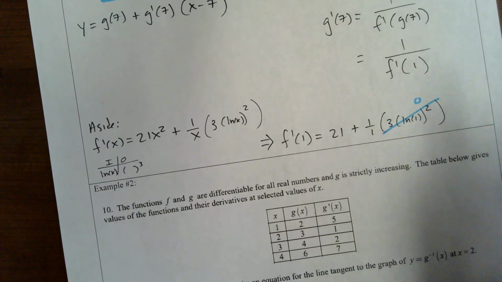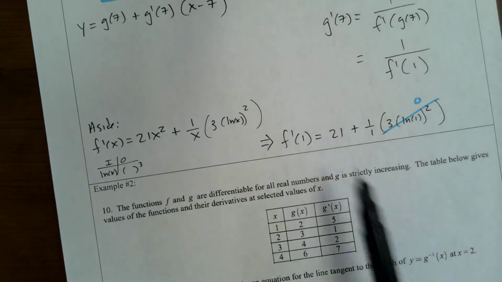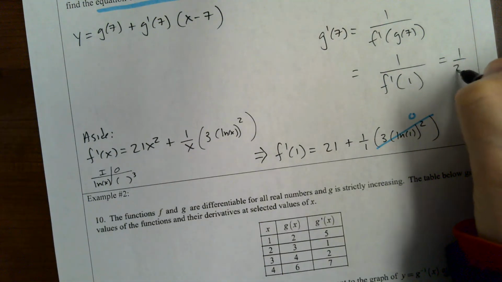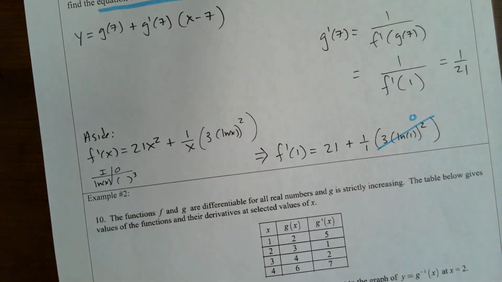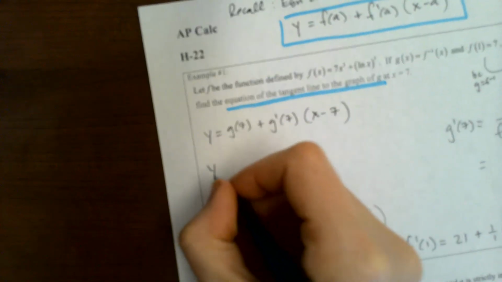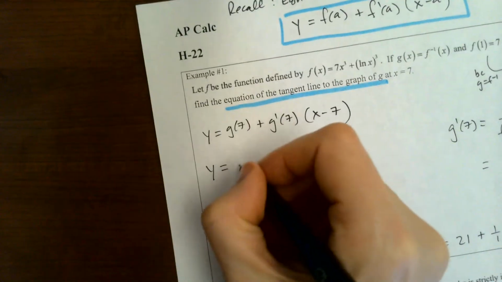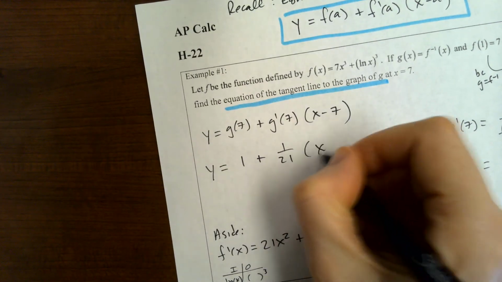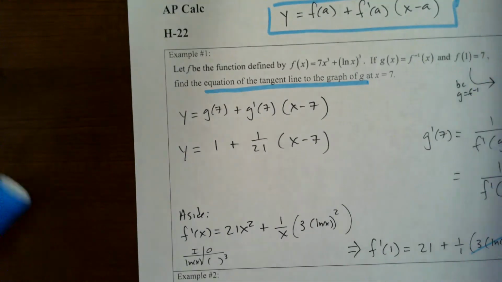All right, that whole thing is 0. So it's just 21. All right, so this is 1 over 21. So now I go back to here, so y is equal to g of 7 is 1 plus 1 over 21 times x minus 7.